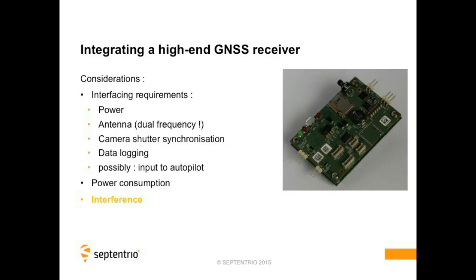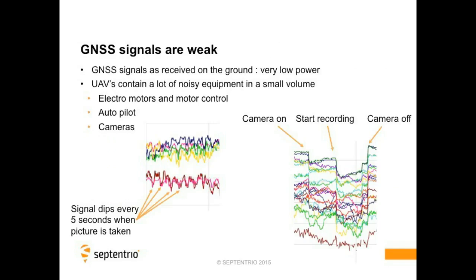But actually the most complicated and important part of the integration is the interference that we see quite often on these platforms. As some of you may know, GPS signals, GNSS signals, are quite weak signals as received on the ground. Special processing techniques have to be used to extract them from the background noise.